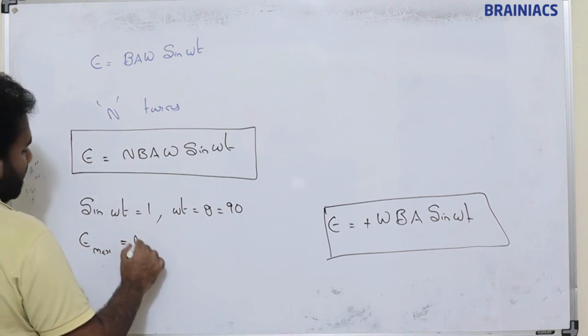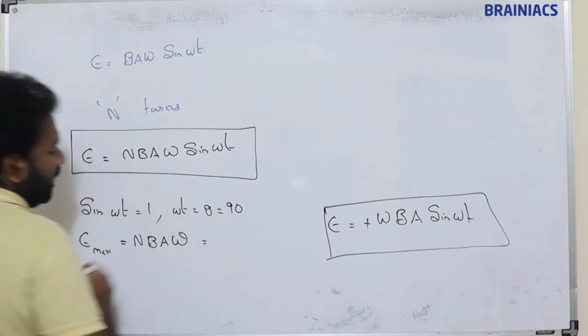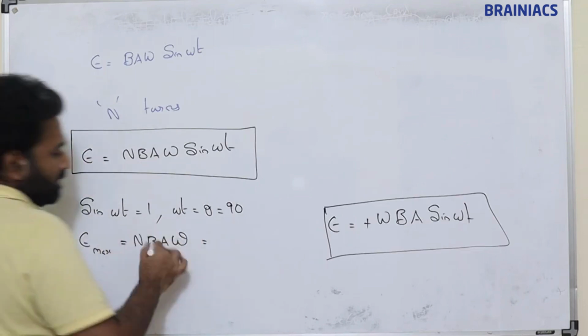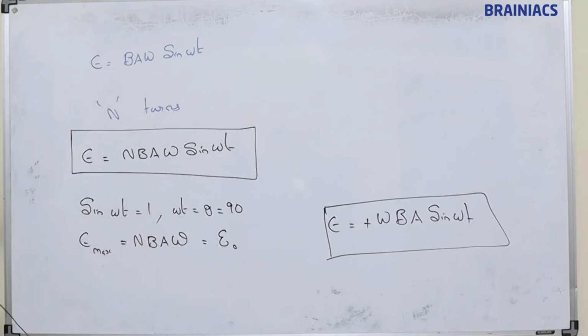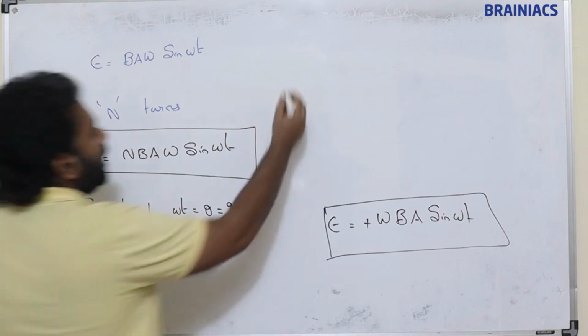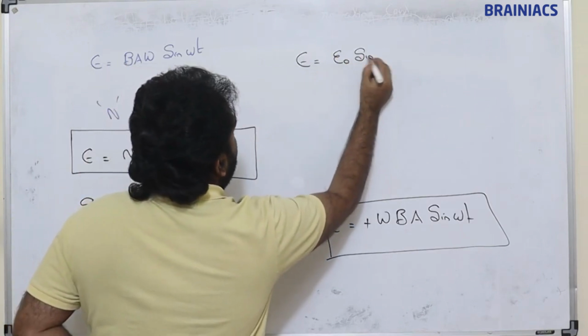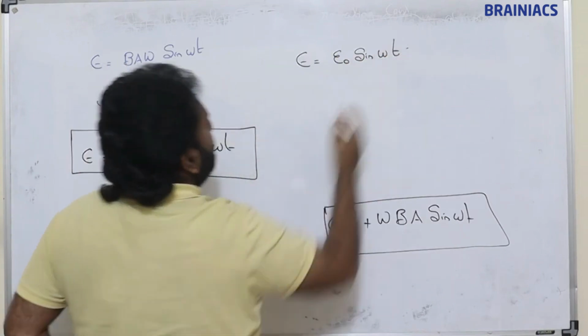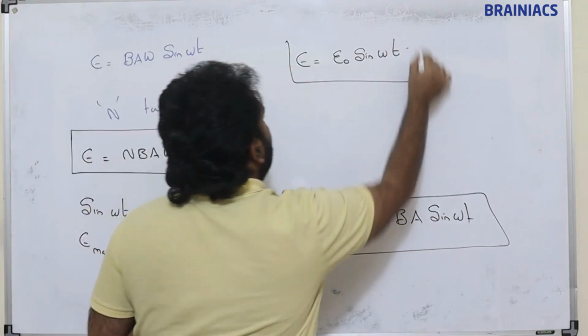So E max is equal to NBA omega. Conventionally this is denoted as E naught or E m. So putting NBA omega as E naught, I could say that E is equal to E naught sin omega t.